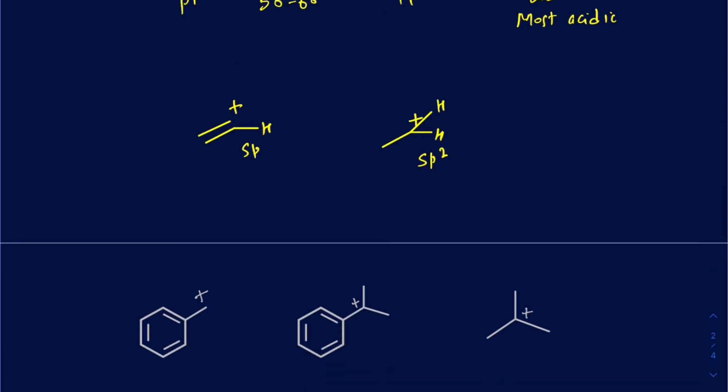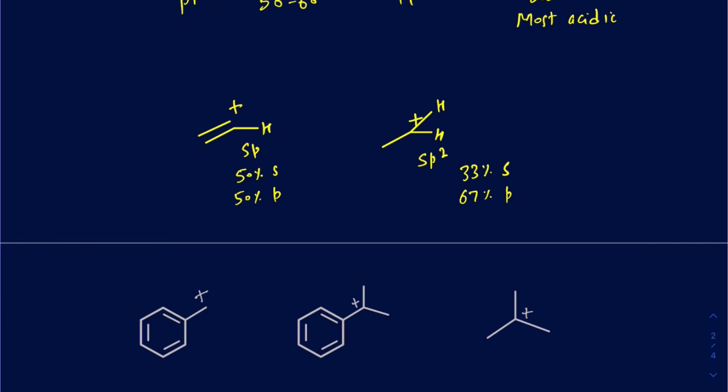But you can still use the same analogy, where this is going to be 50% s and 50% p, and then this is going to be 33% s and roughly 67% p. When we're looking at the first one, since you have more s character, this positive charge is going to be closer to the nucleus. Well, do you really want the positive charge closer to the nucleus?